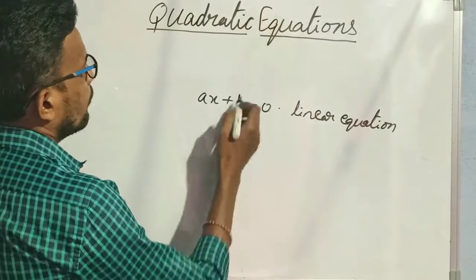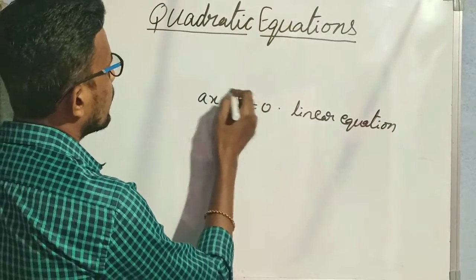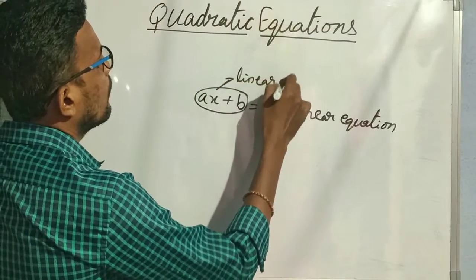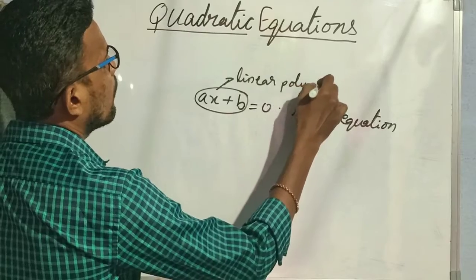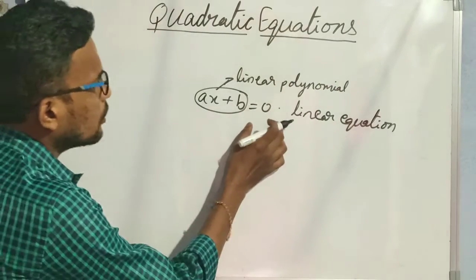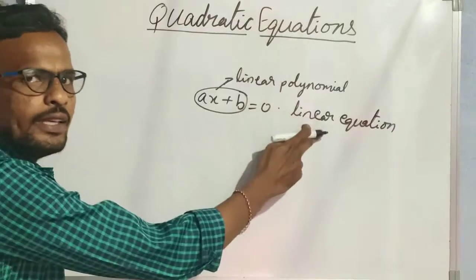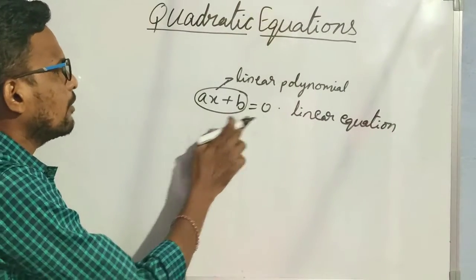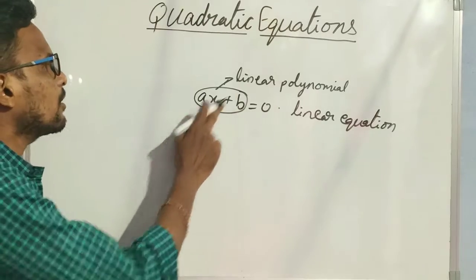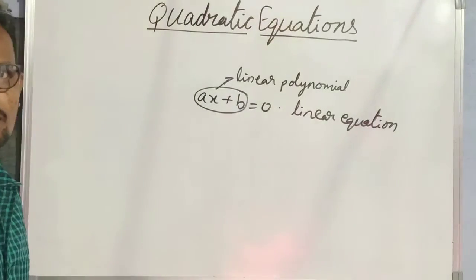If equal to 0 is not there, then this is a linear polynomial. Understood? If equal to 0 is there, then that is a linear equation. If equal to 0 is not there, then such a polynomial is called a linear polynomial.